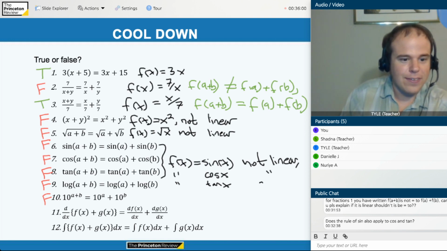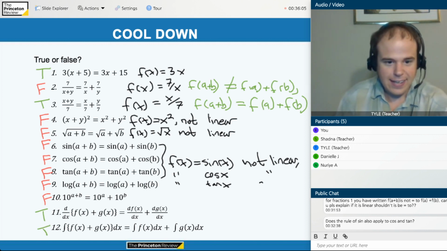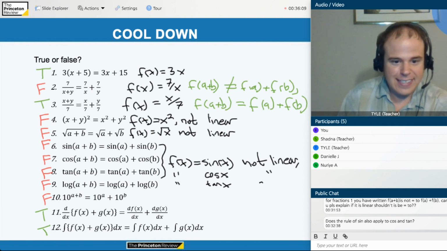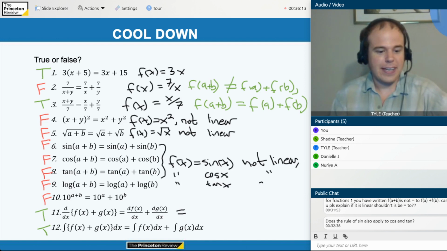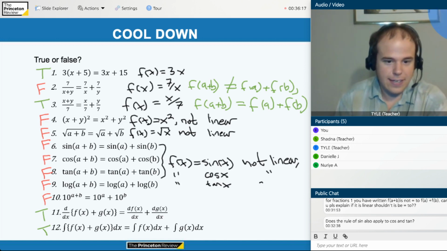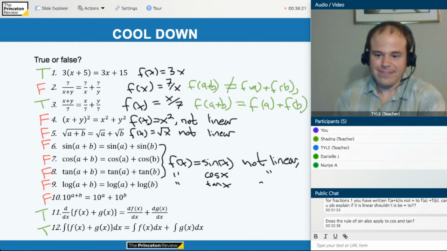For 11 and 12, though, it turns out, and it's okay, I know a lot of you probably haven't seen calculus yet, I just wanted to give some additional examples of linear functions. Again, don't worry about this if you haven't seen them, but it turns out that both of these are true as well. Differentiation and integration are also examples of linear functions.